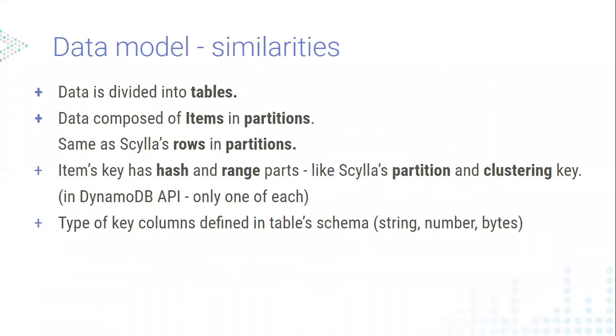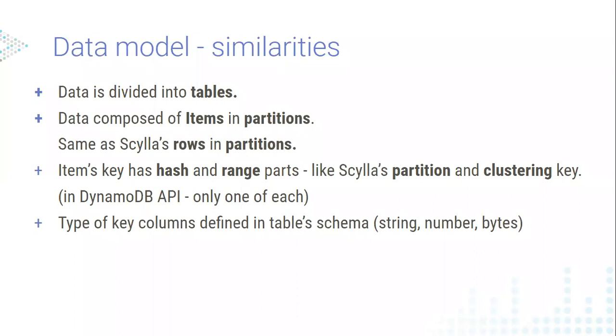Now let's look at some other things which are similar or different between Scylla and DynamoDB. The data model I already mentioned before. These are the similarities. In both systems you have tables, and the tables have partitions and items in them, and these are the same things in Scylla and DynamoDB.